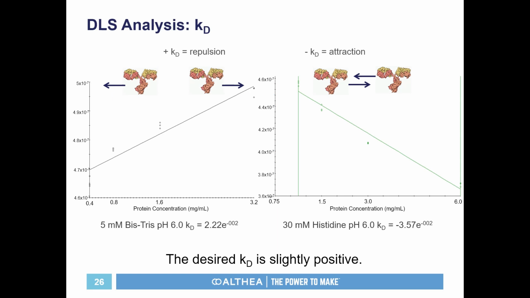Now we usually look at the positive KD, but we want a very slightly positive diffusion coefficient. That way we can control the attraction and the rate at which the molecules come together during crystallization with the addition of other precipitants and by varying the conditions.